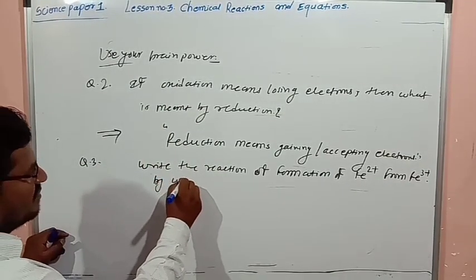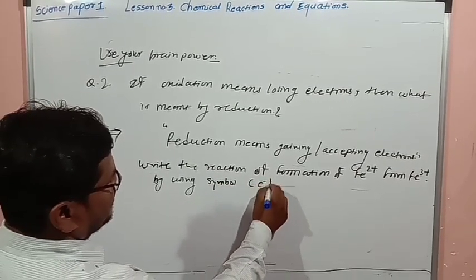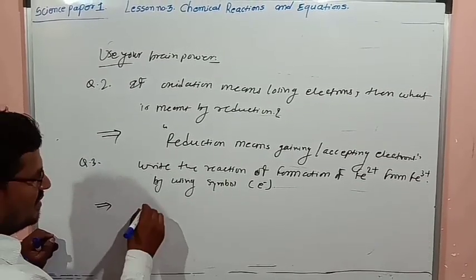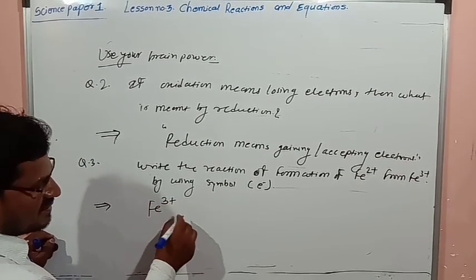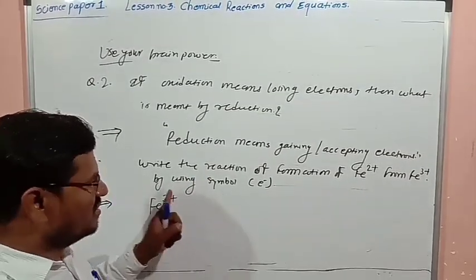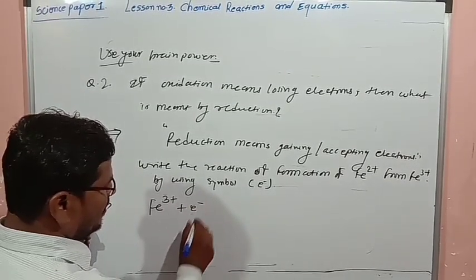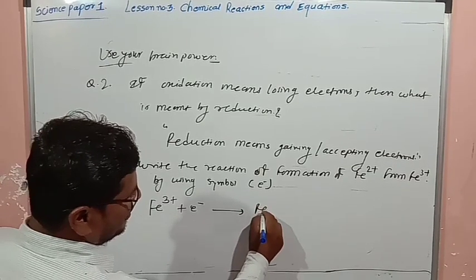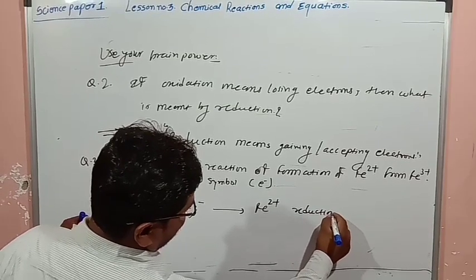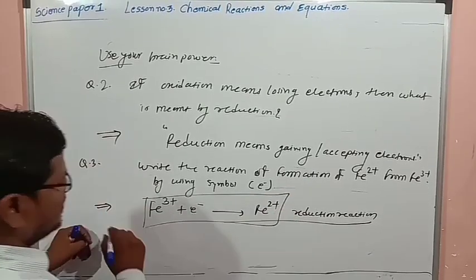By using the electron symbol. You can write Fe3 plus. Losing electron is oxidation. Now you are going to write reduction. So gaining electron, minus e, it will give Fe2 plus. And this is the reduction reaction.